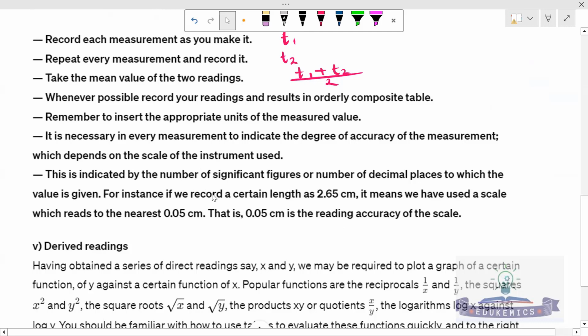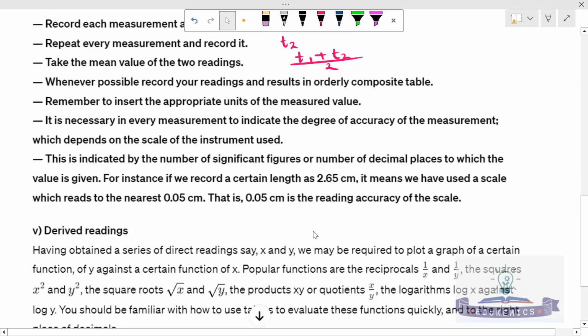And it is indicated by the number of significant figures or number of decimal places to which the value is given. So let's say, for example, if we record a certain length as 2.65 centimeter, then we have used a scale which reaches the nearest 0.05 centimeter. That is, the 0.05 centimeter is the reading accuracy of the scale.